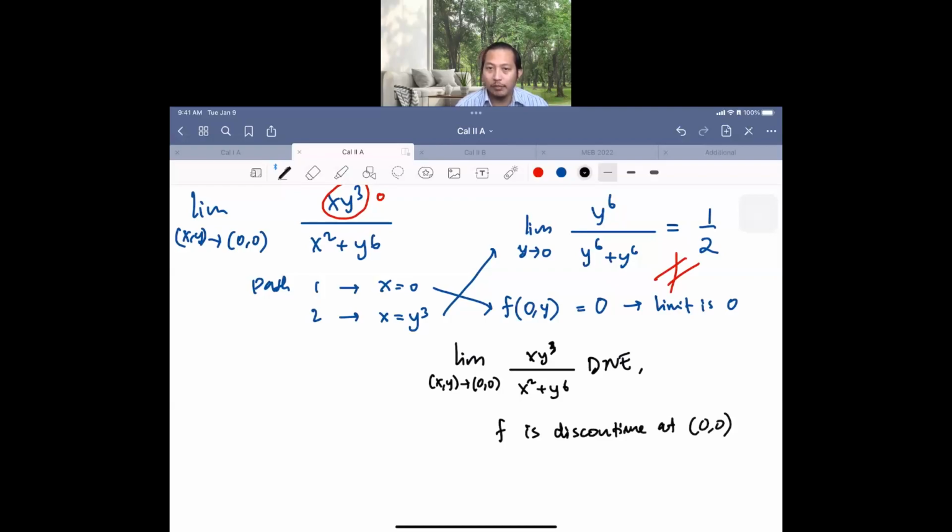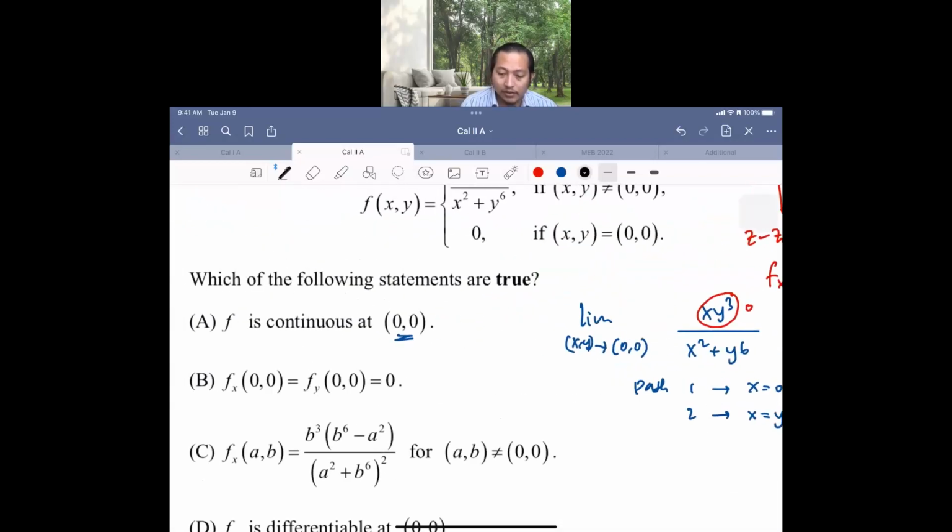So remember, when you deal with the limit of a function of two variables, the first thing that you are going to observe is you need to construct the path. You need to observe each path. You need to make sure that all options are equal. When you have one possibility that is not equal to the other one, then it becomes discontinuous. So f is not continuous, right?